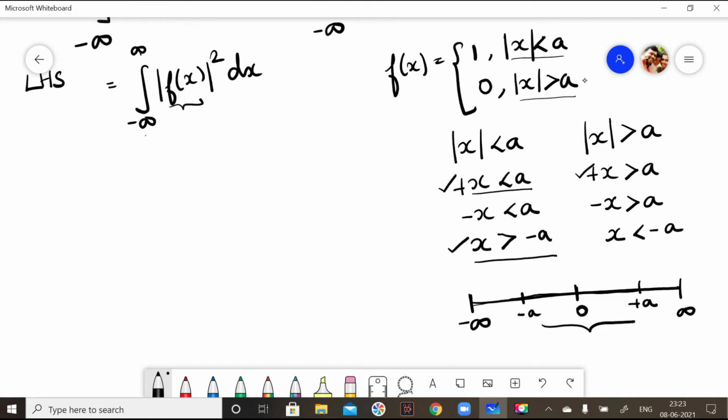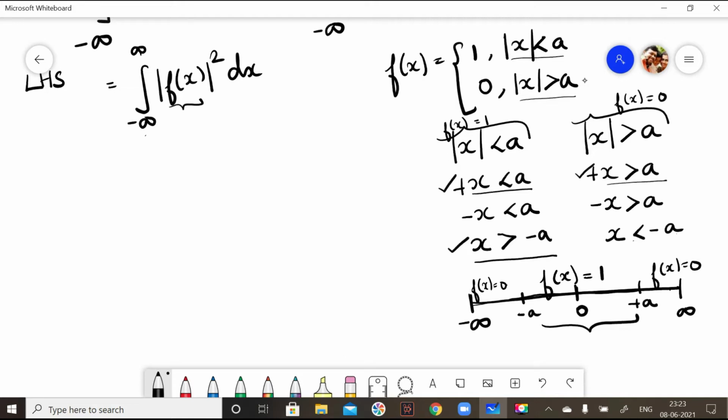So in this part, my f of x is 1. Okay, now consider this for x greater than a. So for x greater than a, my f of x is 0 and for x less than minus a also my f of x is 0, which means for this particular part my f of x is 1 and for this particular part my f of x is 0.